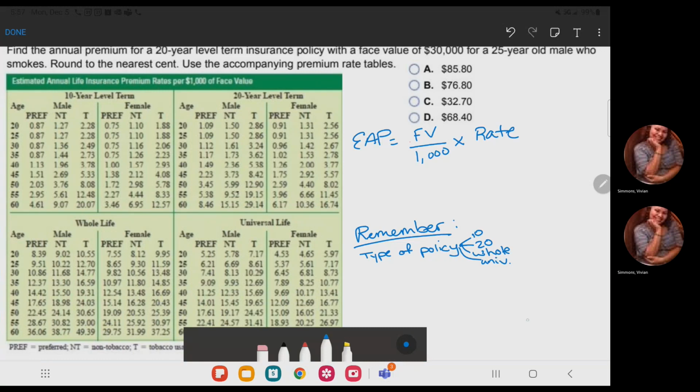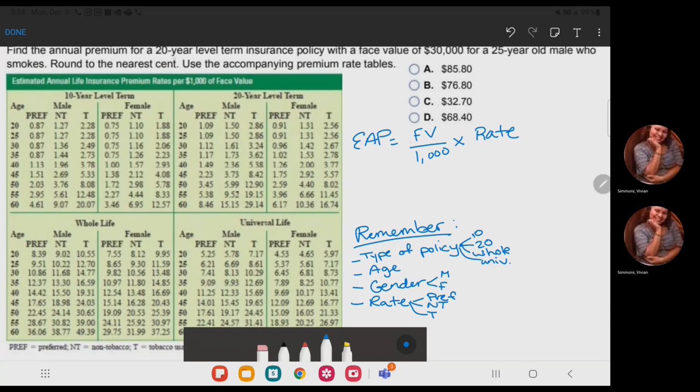And then you also need to know the person's age and you need to know their gender, male or female. And then for the rate, you need to know what class. So it's either preferred, non-tobacco, or tobacco. So non-tobacco meaning the non-smoker, tobacco meaning the smoker. Okay, so those are the important things you need to know. So now we'll go to the table and figure that all out.